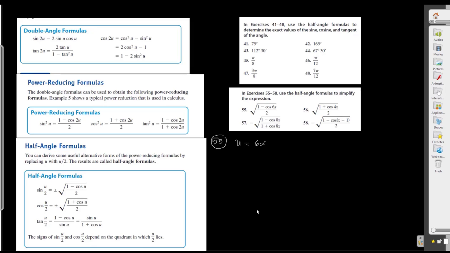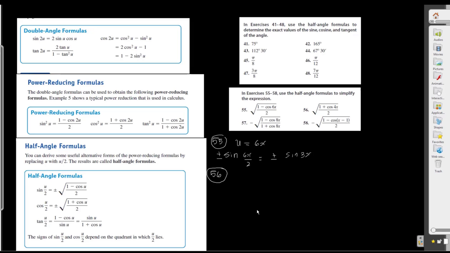So you need to find what u over 2 is. That is 3x. The answer is plus minus sine 3x.